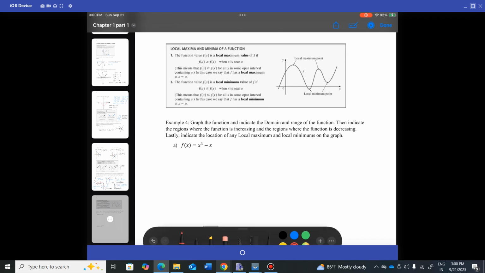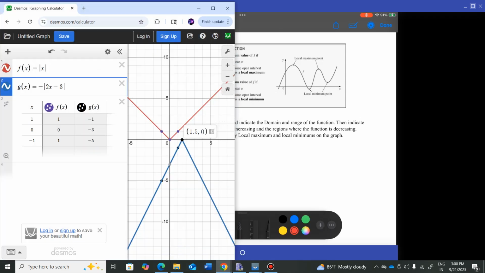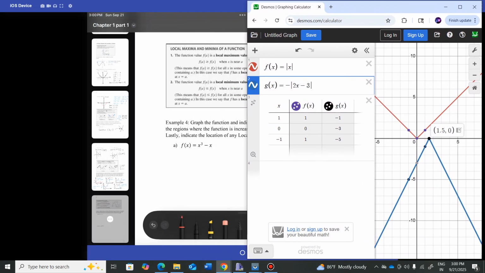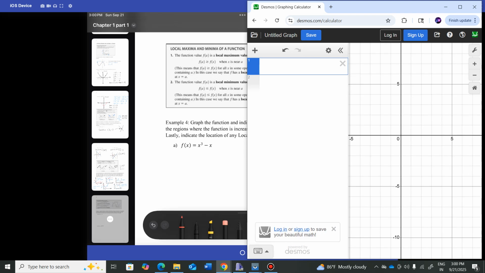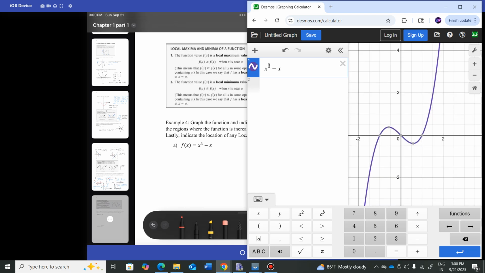Okay, so I'm going to bring up Desmos. I'm going to bring up a different way with this. So x cubed minus x. We'll zoom in.